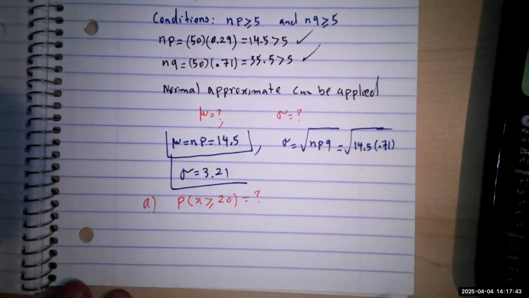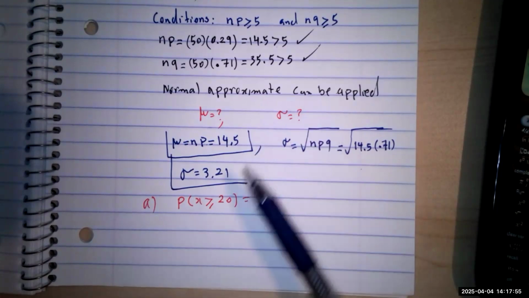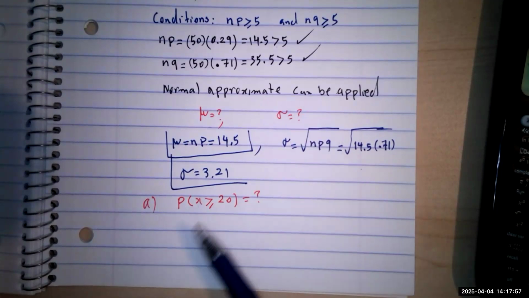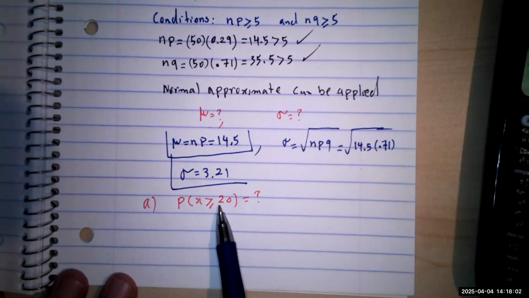You see, if you stay with the binomial, this means 20, 21, 22, 23, 24, etc. But when we go to the normal, you have to use a continuous variable. So what you have to do is put this x into an interval so that you can pick any number.